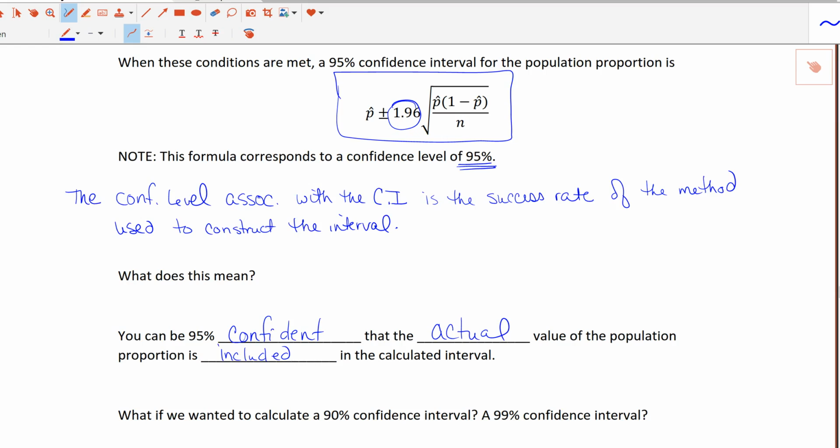Okay, so remember that also our confidence is in the method used. It's in the method, not in any particular interval.